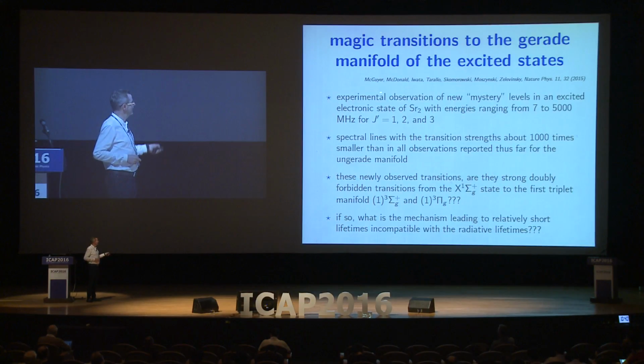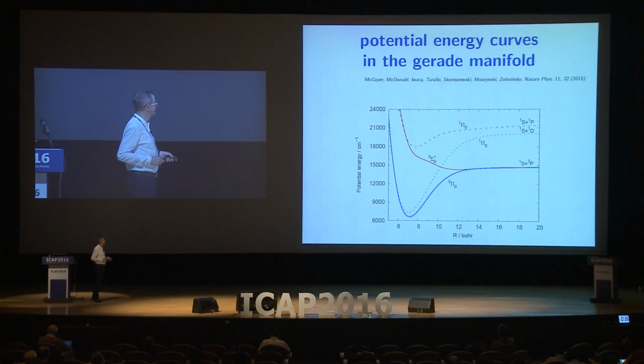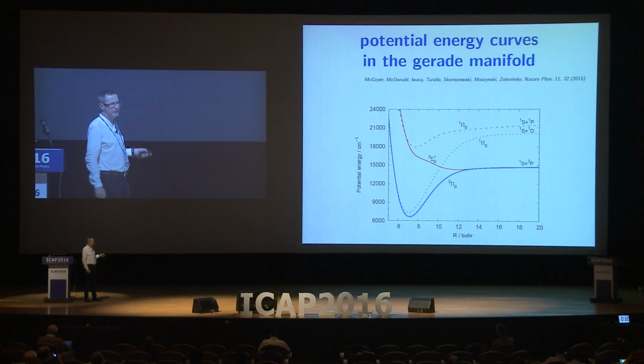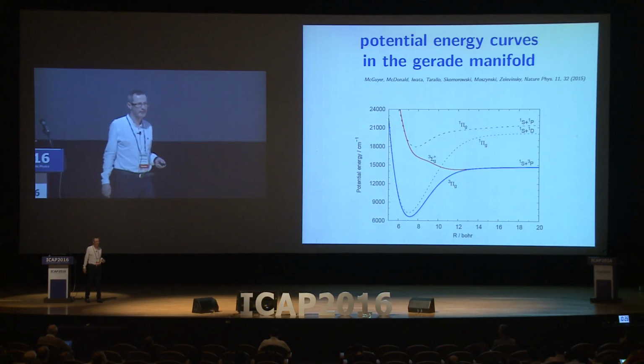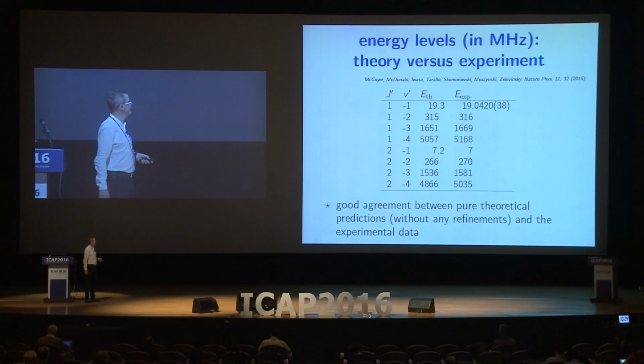So these are the questions that we had to solve. So what quantum chemists do in general, well, they compute all the potential energy curves, the couplings, and so on. They generate rovibrational levels, and that's what we got.